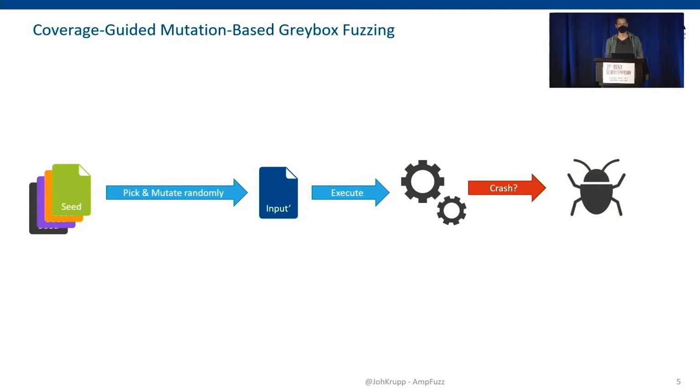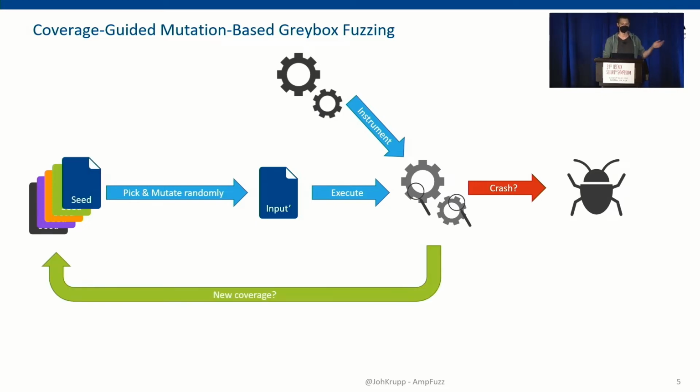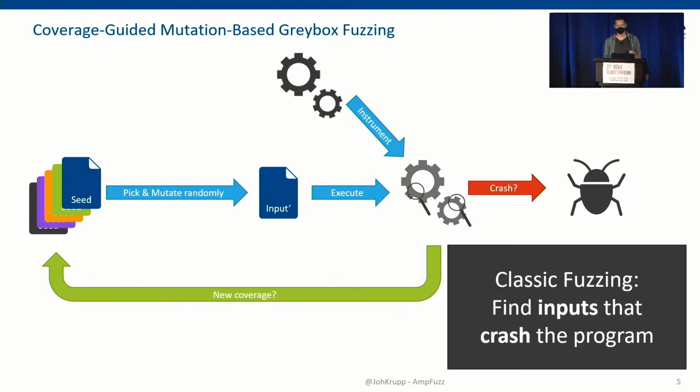And instead of executing the program directly, you first instrument the program to provide you with coverage information. And whenever you have a new input that generates new coverage, exercises new parts of the program, you add it to your set of seeds.